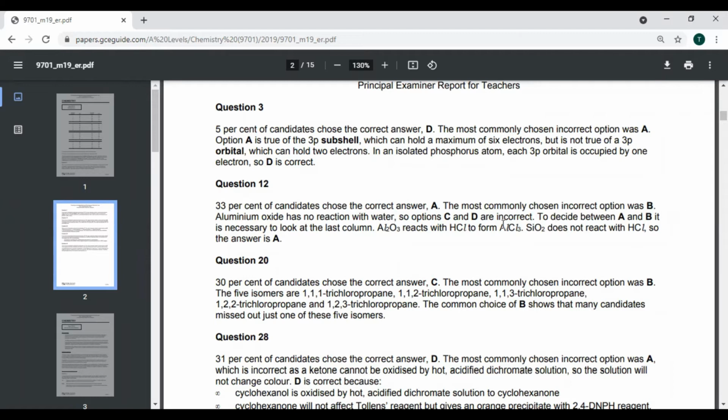To decide between A and B, it is necessary to look at the last column. Got it? Aluminum oxide reacts with acid to form aluminum chloride. Silicon oxide does not react with HCl.